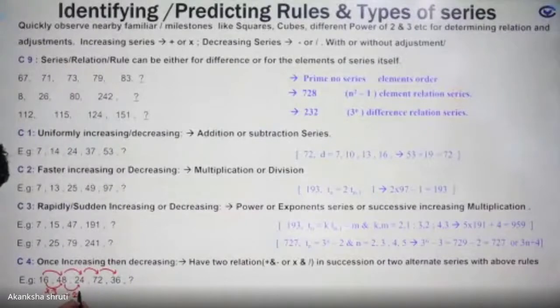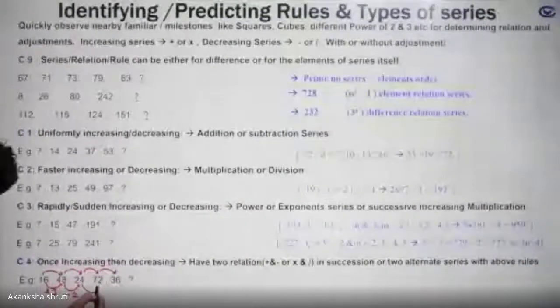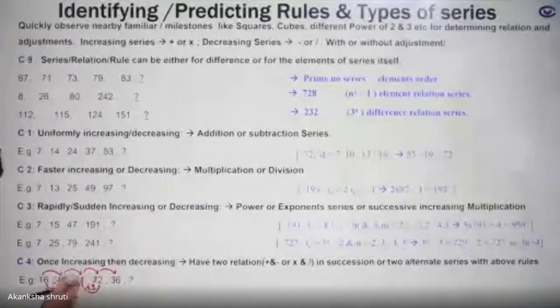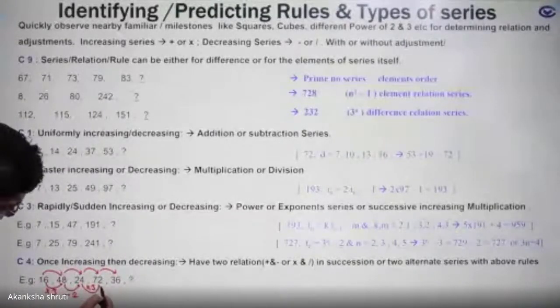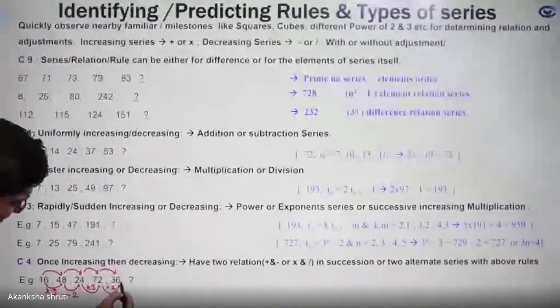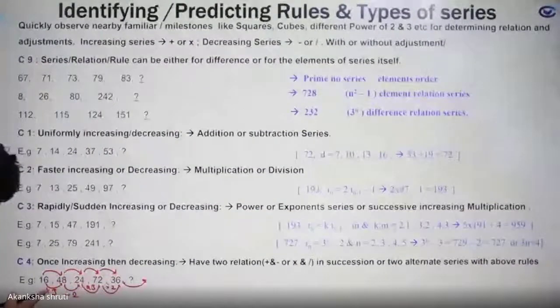Again, this 24 is multiplied by 3 to get 72, and dividing this 72 by 2, we get 36.